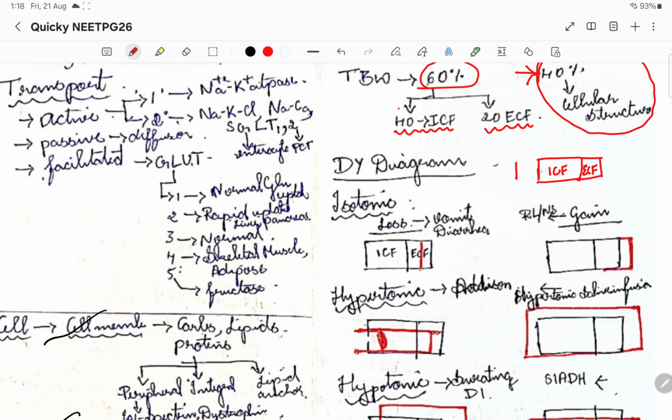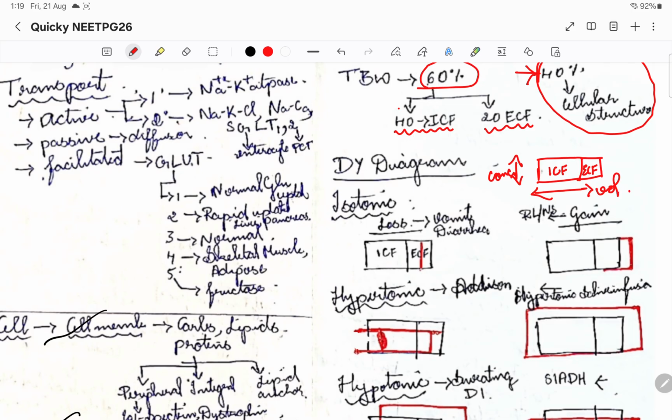The y-axis, this is not a graph, don't think of it as a graphical representation, I'm just telling you the axes you have to be aware of. The y-axis is concentration, whereas the x-axis will be the volume that we are discussing.